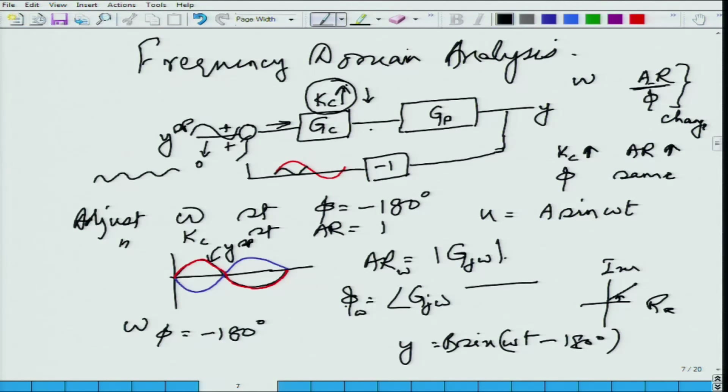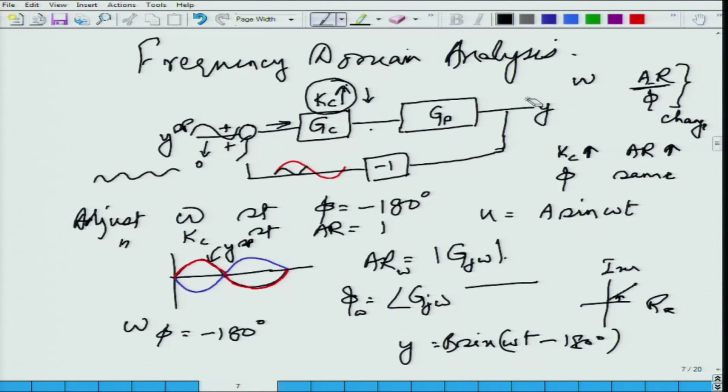Please note, since the feedback loop is not closed, G in this case is nothing but GC GP, and I am looking at things out here.